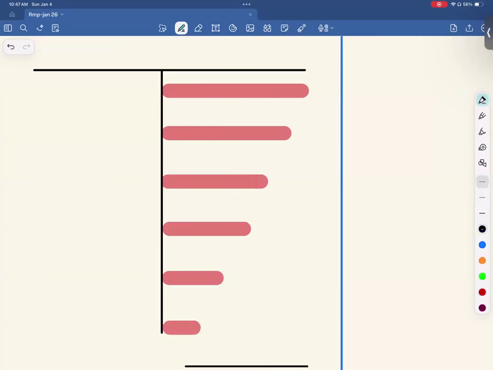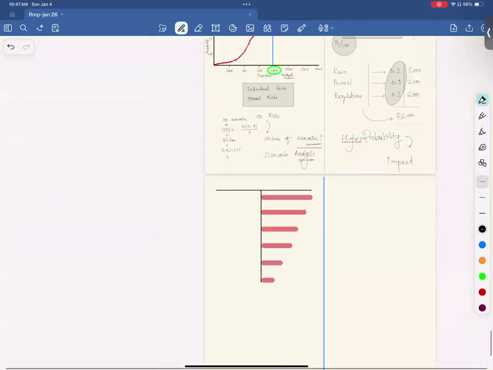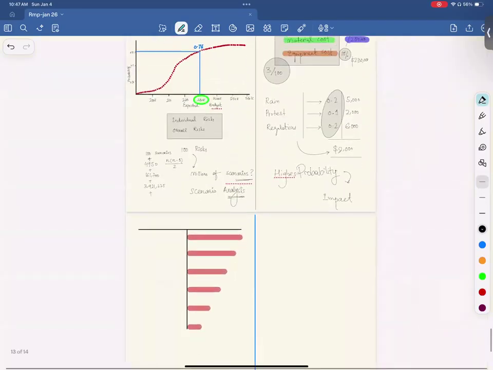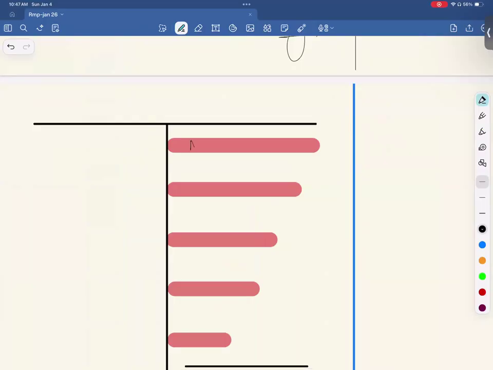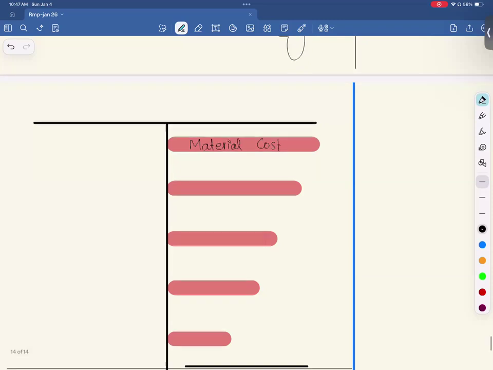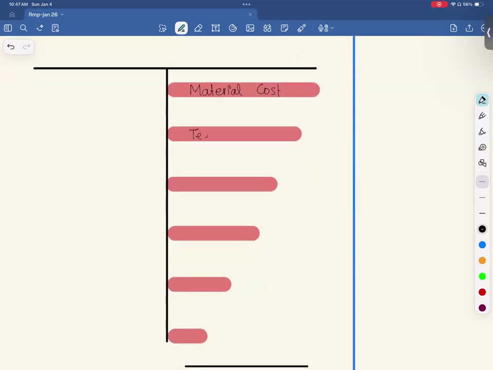So which was the highest element? Material cost, right? So I'm going to write here material cost, highly sensitive element. Then let's say, I'm just writing randomly, team motivation. Right? Then stakeholders engagement.